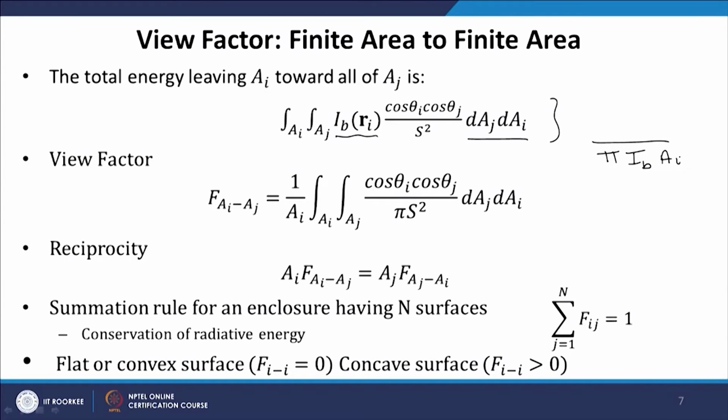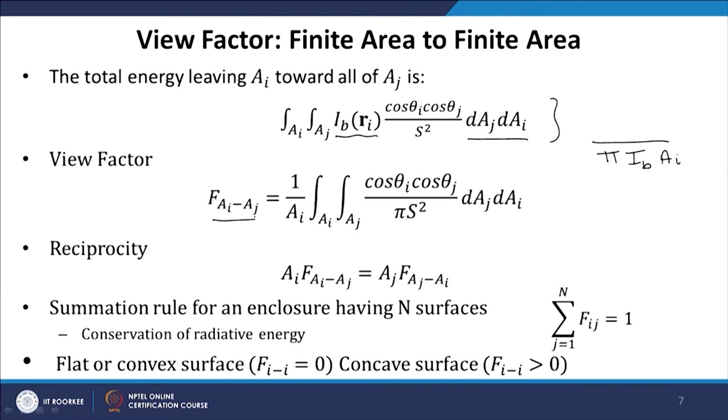The total energy emitted by surface Ai over all the solid angles is pi times Ib times Ai. We divide the total energy reaching surface Aj by this quantity, and we get the definition of the view factor F Ai Aj.